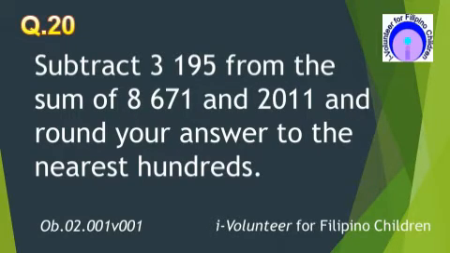I repeat, subtract 3,195 from the sum of 8,671 and 2011 and round your answer off to the nearest hundreds. Your timer starts now.